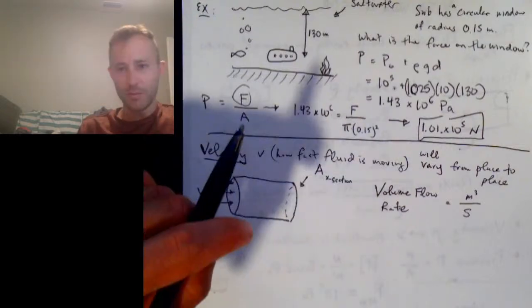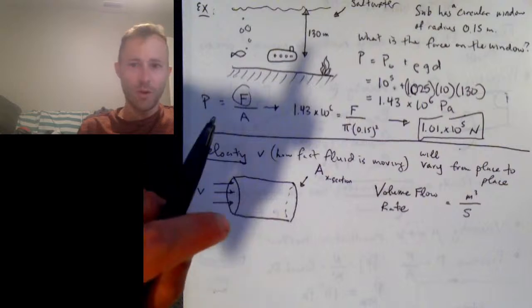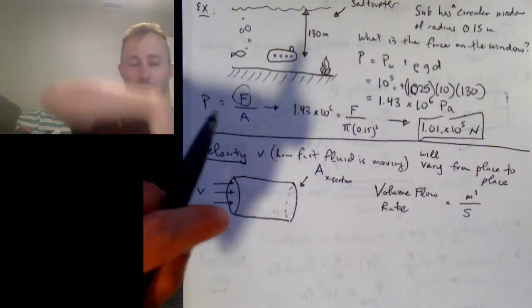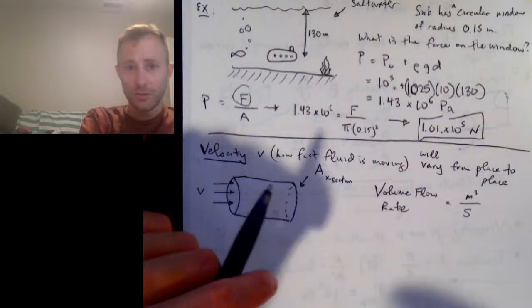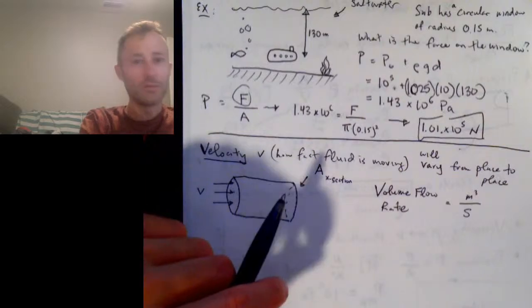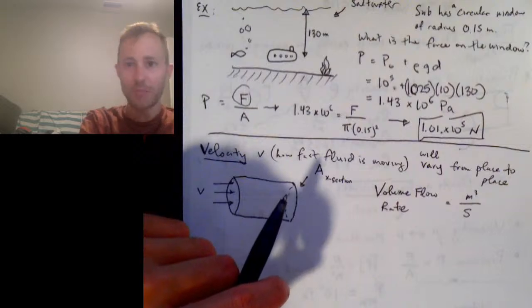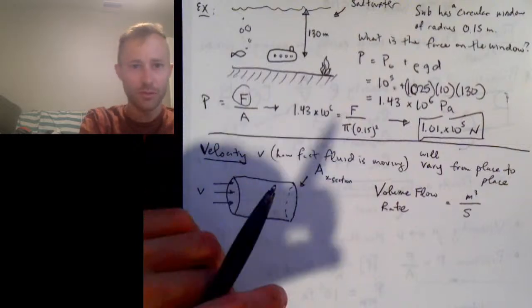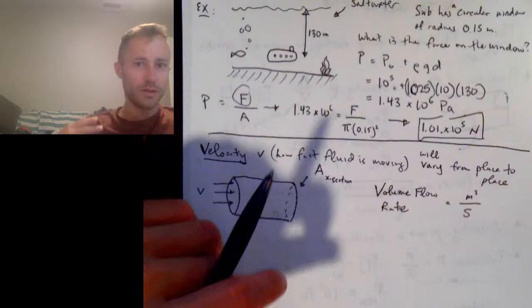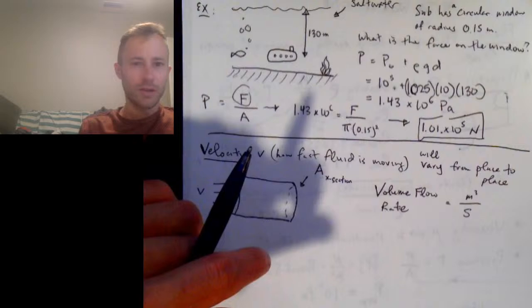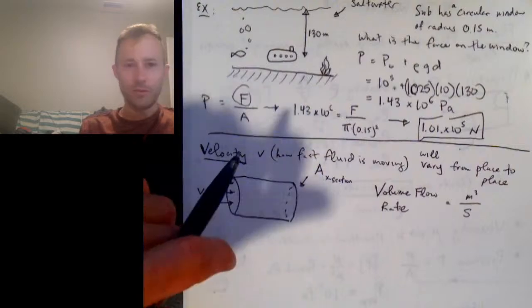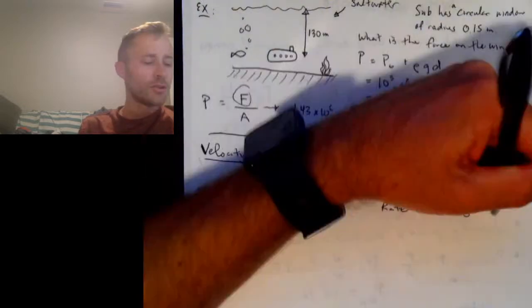How many cubic meters of water per second is going over the waterfall? Or rivers, what is the volume flow rate of the Mississippi River? How many cubic meters of water per second are flowing down the river?